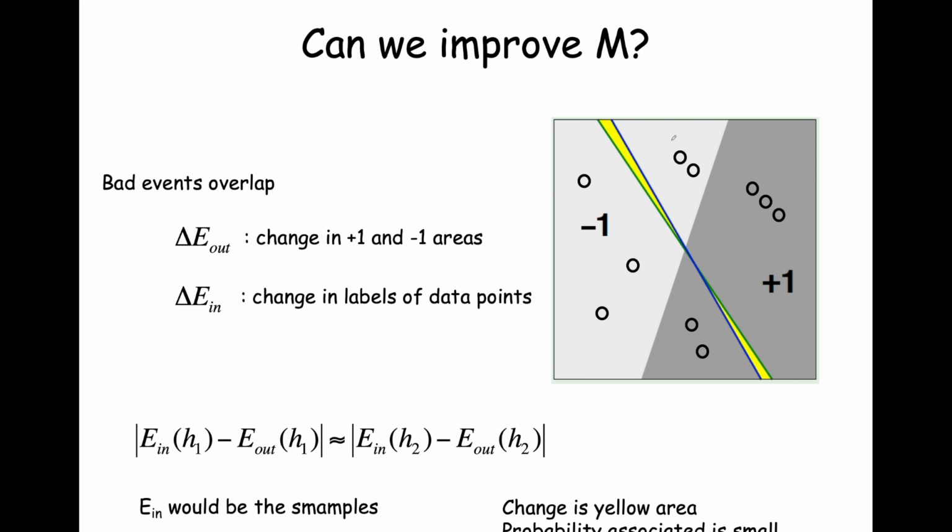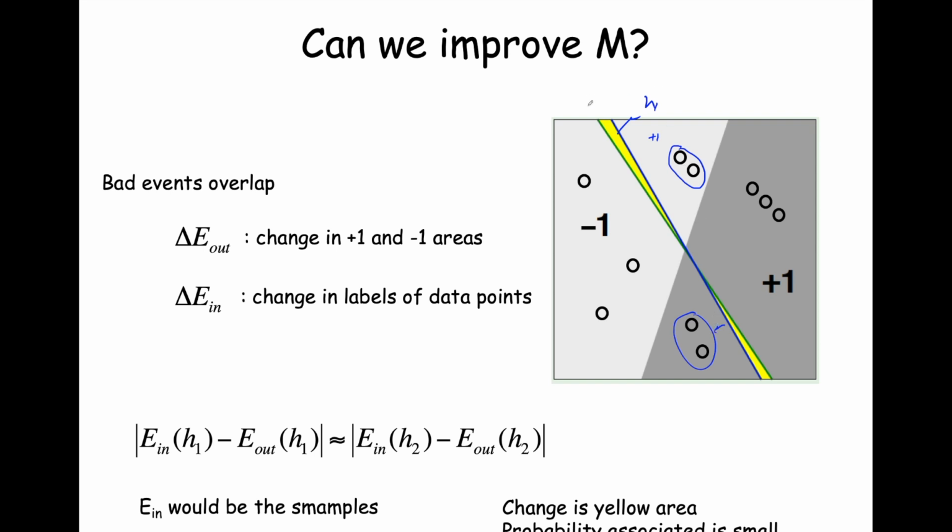Now, of course, these points are going to be in error. And for these 2 points, hypothesis H1 says that they're +1 when ground truth they're -1. And for these 2 points, hypothesis H1 says they should be -1 when ground truth they're +1.